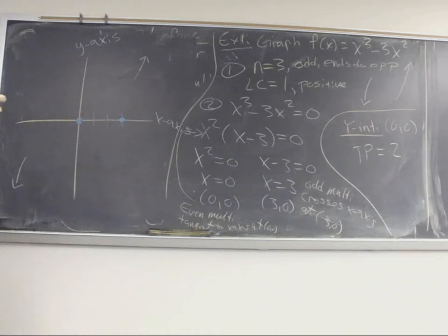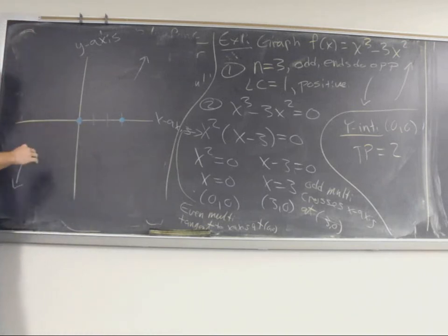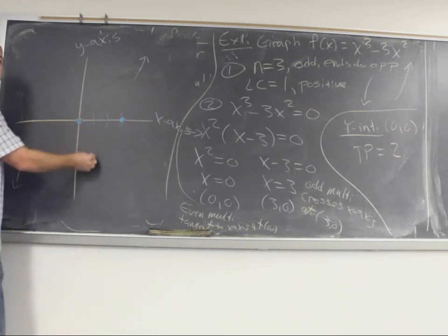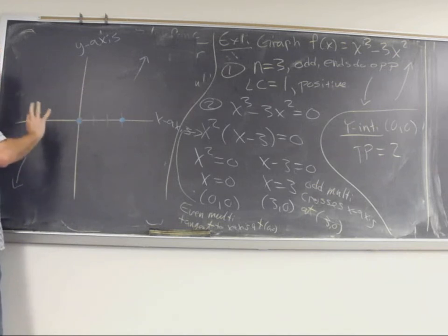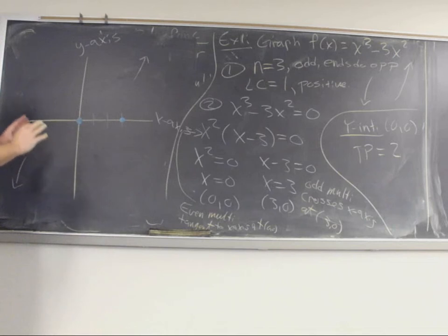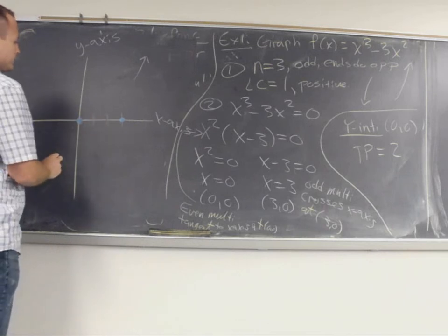And we know that (0, 0) has even multiplicity. That means it's tangent to the x-axis. That's not super helpful right now because we don't know if it goes like this or up here it goes like this, so let's just leave that off. And then at (3, 0), it crosses the x-axis.